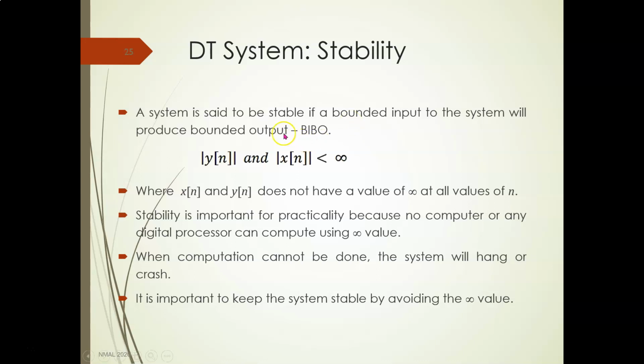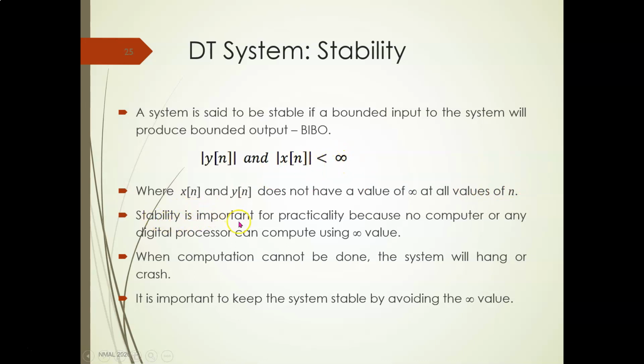So for a stable system, the output and also the input must be less than infinity. Less, not less or equal. So x[n] and y[n] do not have a value of infinity at all values of n, meaning that if we change n from 1 to infinity, it will not have an infinity value.